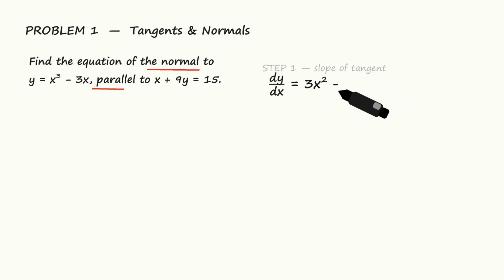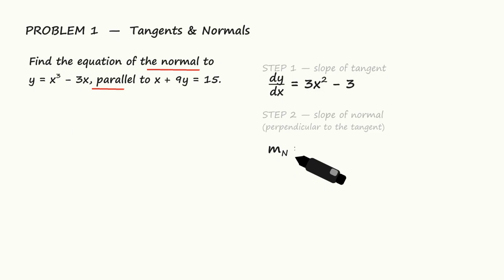Differentiate the curve. dy by dx equals 3x squared, minus 3. That is the slope of the tangent at any point x. Step 2. The normal is perpendicular to the tangent, so its slope is the negative reciprocal. Minus 1, over, 3x squared minus 3.